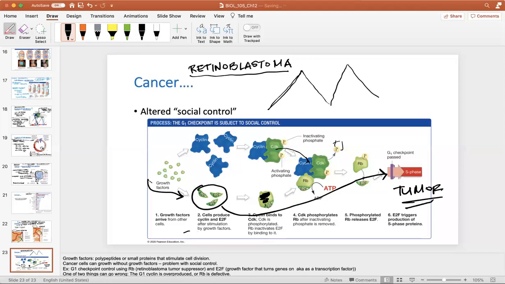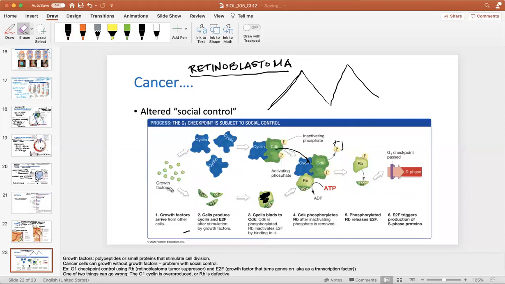What's the second problem that can occur? Well, the second way this could go wrong, as I said, is that we're going to have the proteins turned on for mitosis when they shouldn't be turned on. In that scenario, the growth factor overstimulates cyclin production.